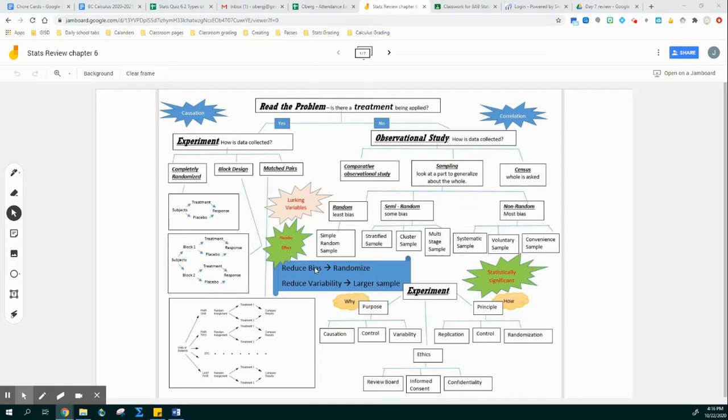To reduce bias, we are going to randomize. The more random our experiment is, the less bias we have. The randomization comes in at these arrows. So right here in the block, I pick the block. There's nothing random about that. But when I go into the treatment and placebo, I have to randomly pick which part of block 1 goes to the treatment and which part goes to the placebo.